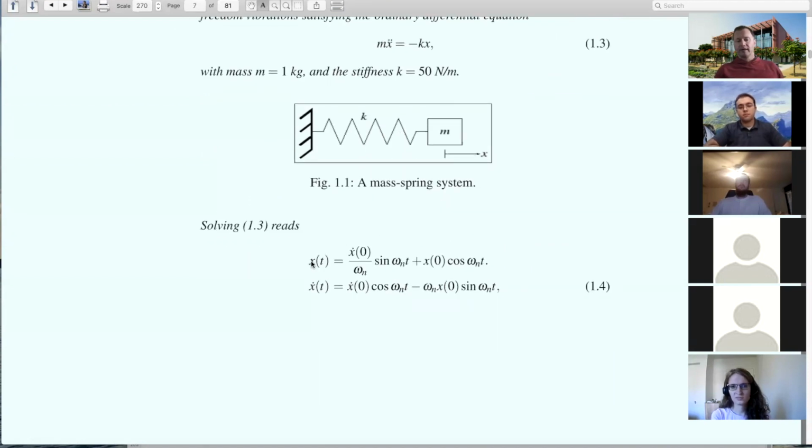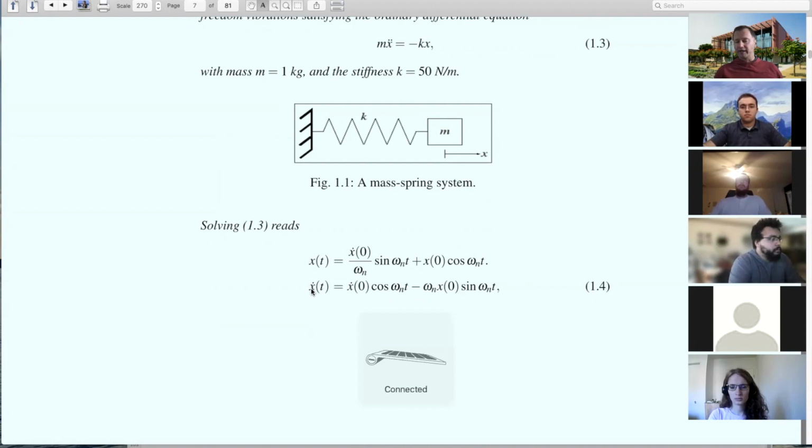And therefore, I have x of 0 and x dot of 0 as initial conditions. In a second, I will present a state space picture of this. And of course, then I could call x dot y. And in this context, y of 0 would be the element of that bold x vector that I had before.